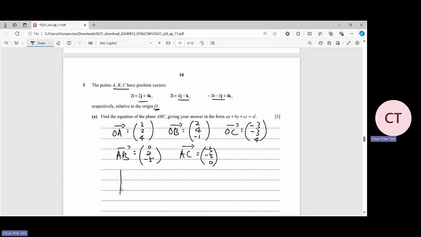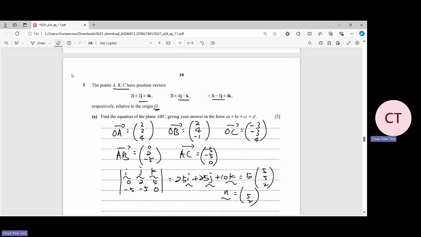So we just take the cross product between AB and AC, and you get 25i plus 25j plus 10k. Factorize the 5 out, you have 5(5, 5, 2). So I will take 5, 5, 2 as my normal vector, the simplest integer form.